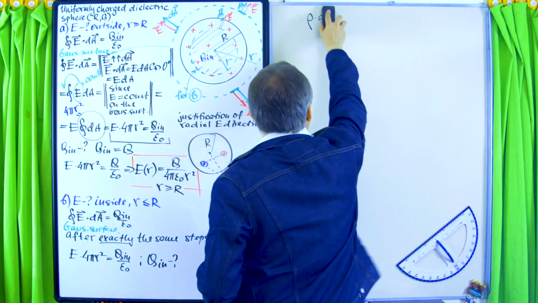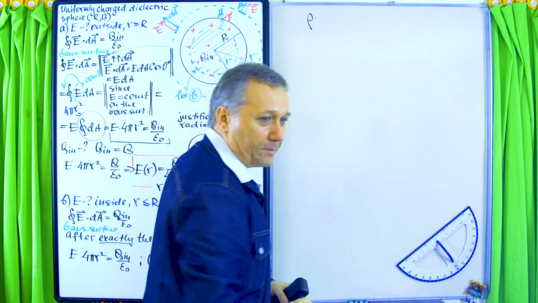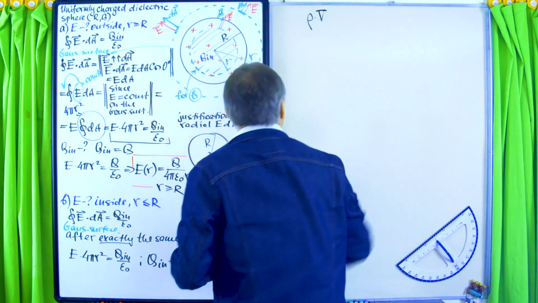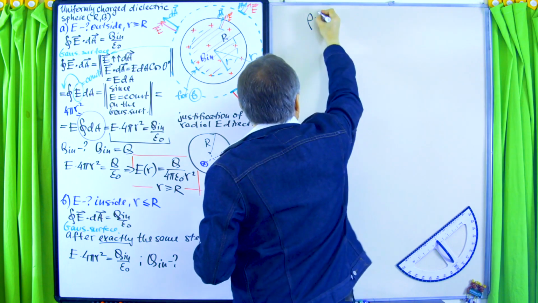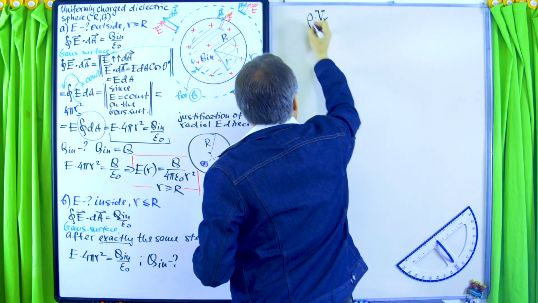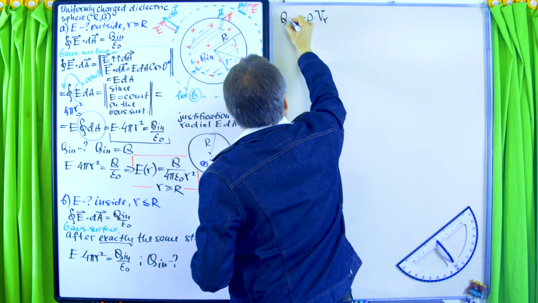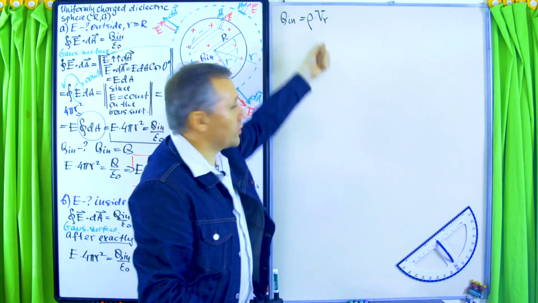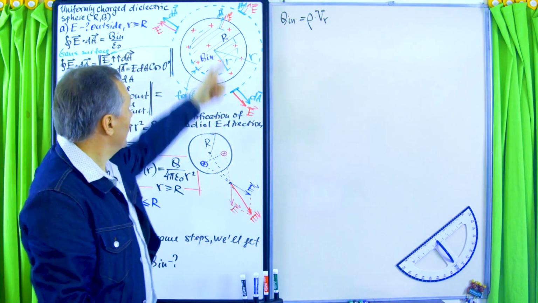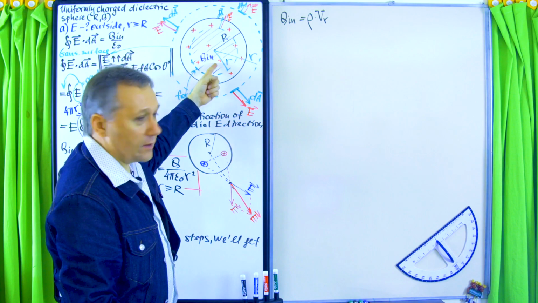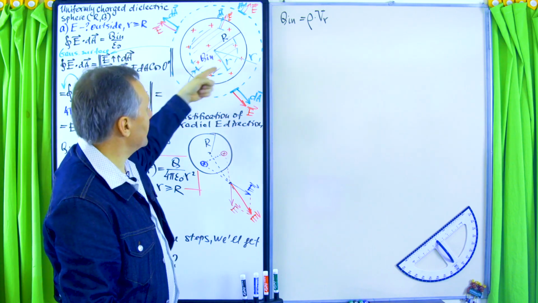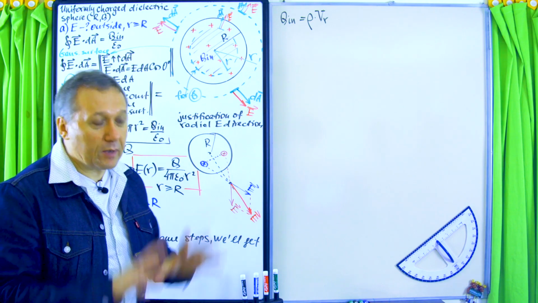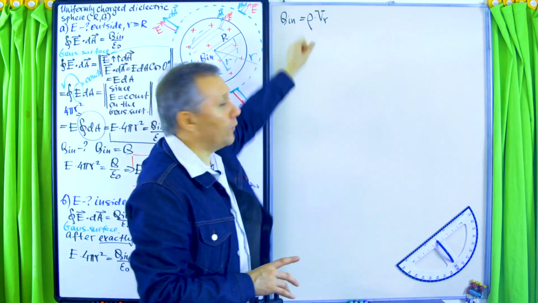So now I will remove this dV, like what we had in that formula, and we can write the volume with the radius r small, and that's our Q enclosed. So volume charge density times the volume of the Gaussian surface, because inside of that volume is our charge Q enclosed. But of course, right now we don't know the volume charge density.